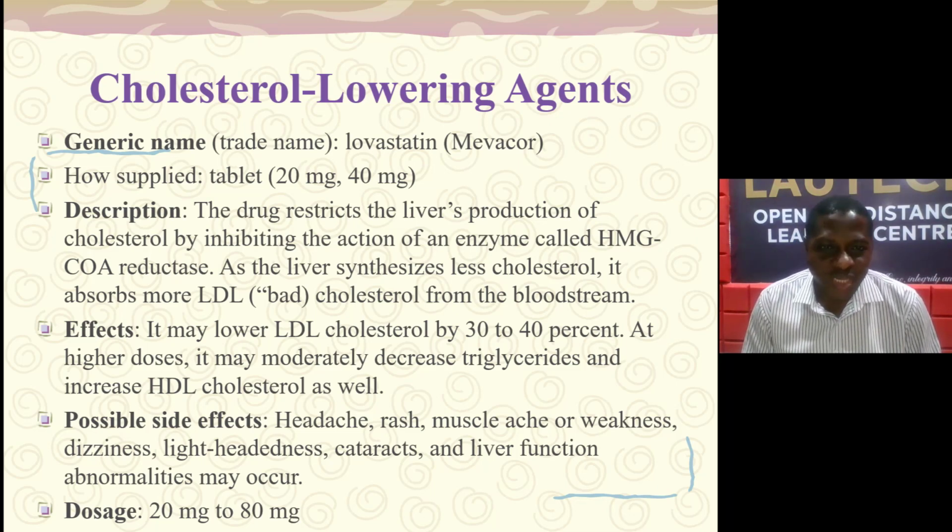HMG-CoA reductase. As the liver synthesizes less cholesterol, it absorbs more low density lipoprotein, that is bad cholesterol, from the bloodstream. Effect: it may lower low density lipoprotein cholesterol by 30 to 40%. At higher doses, it may moderately decrease triglyceride and increase high density lipoprotein cholesterol.